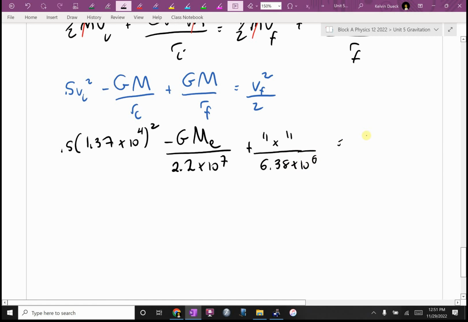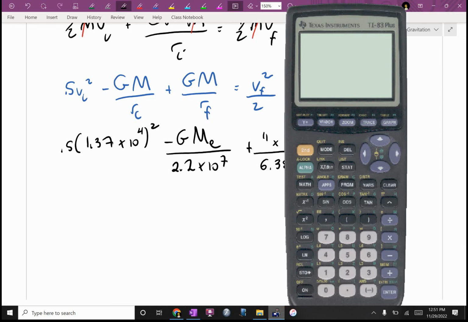That equals a half V final squared, or V squared over 2. Whew. Okay. 0.5 times 1.37 to the 4th squared minus, hang on, Mr. Dewick. Let's do these one number at a time. So that first term works out to, you know what?